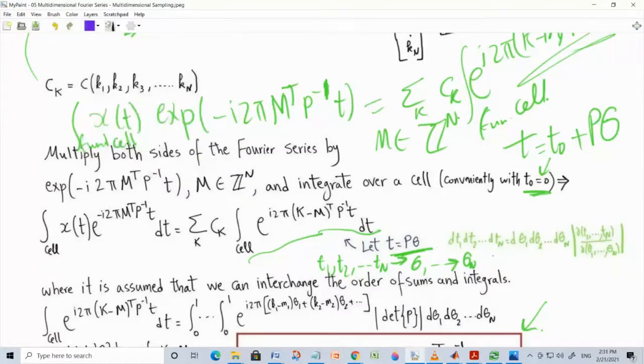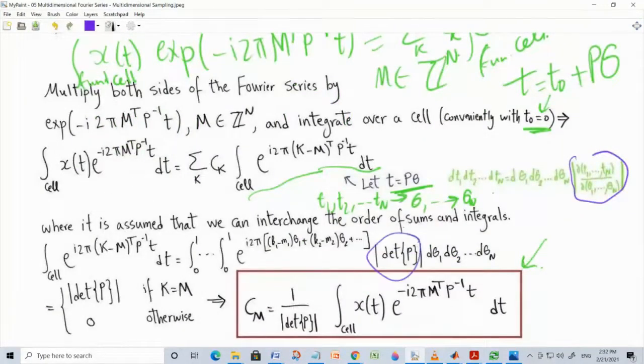Of course, if you do a change of variables in a multidimensional integral, you need a Jacobian. If t is P times theta, then the matrix of partial derivatives between the t variables and the theta variables will simply be the elements in matrix P. So the absolute determinant of the Jacobian will be the absolute determinant of matrix P itself.